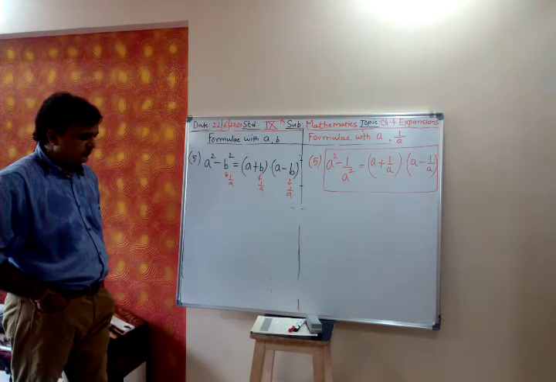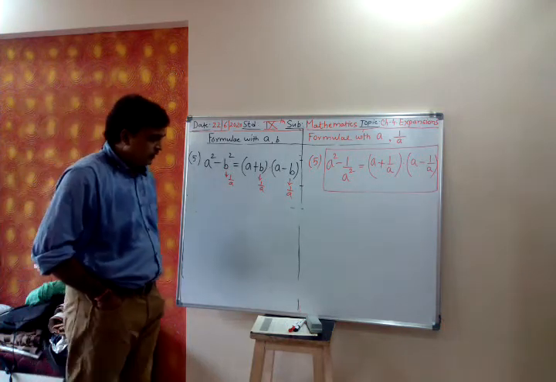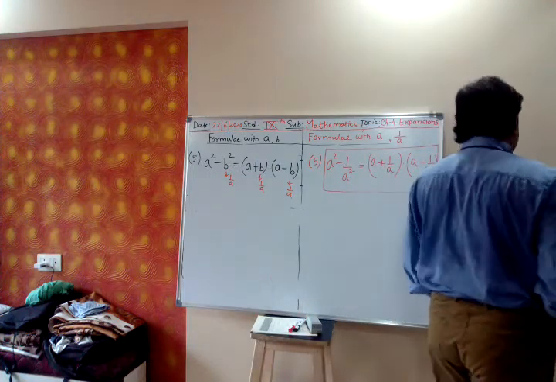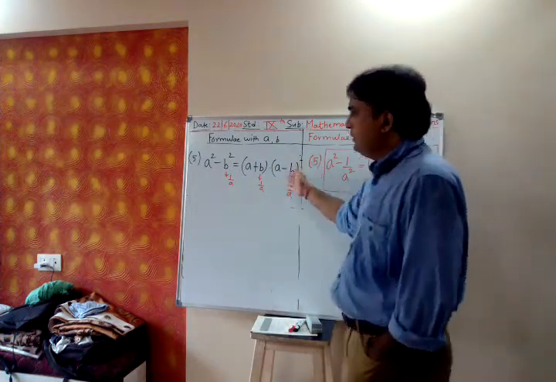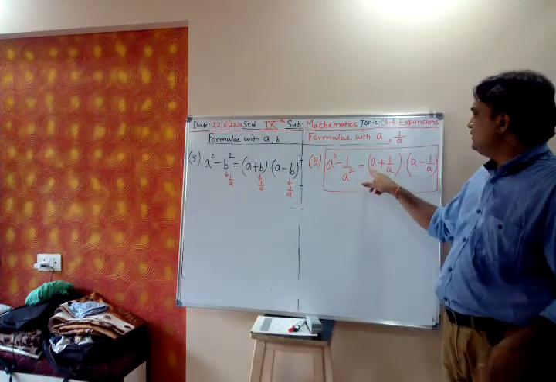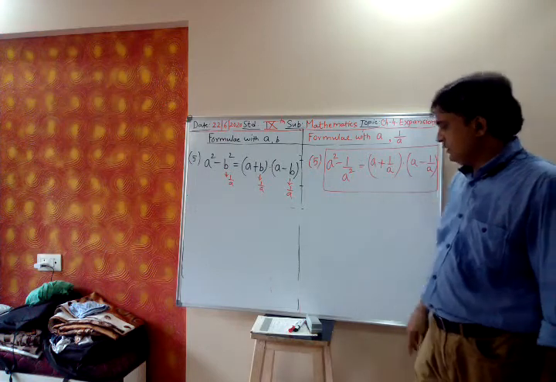A square minus b square is a plus b into a minus b. When we replace b by 1 by a, we get the formula a square minus 1 upon a square is a plus 1 upon a into a minus 1 upon a.